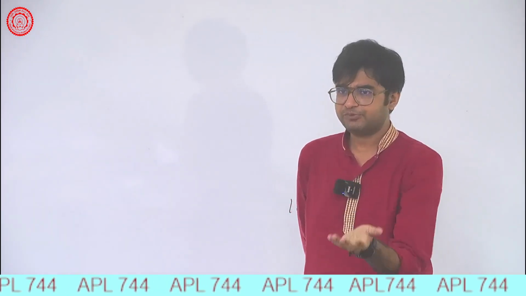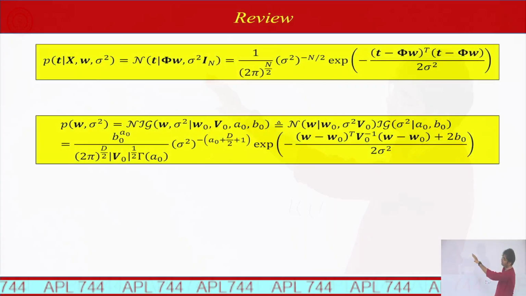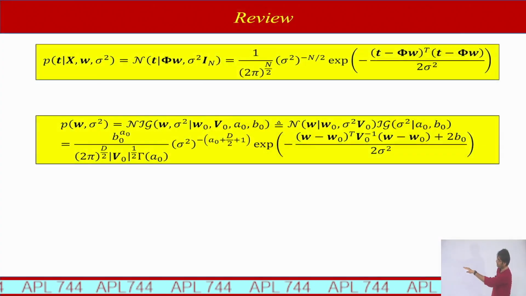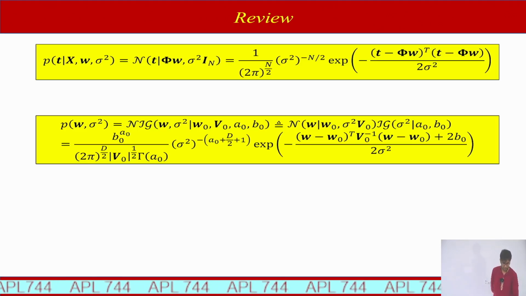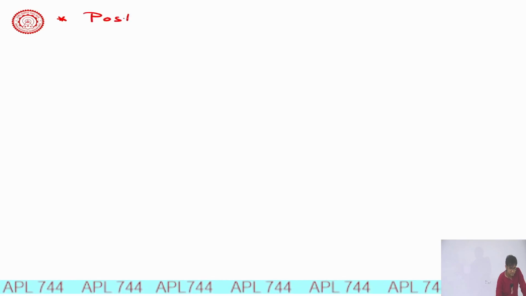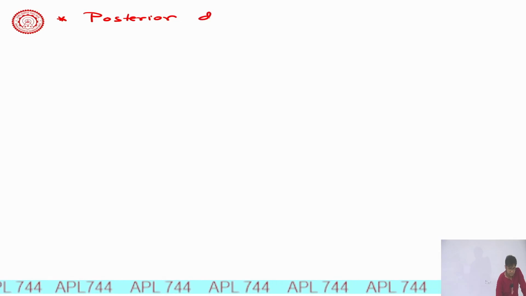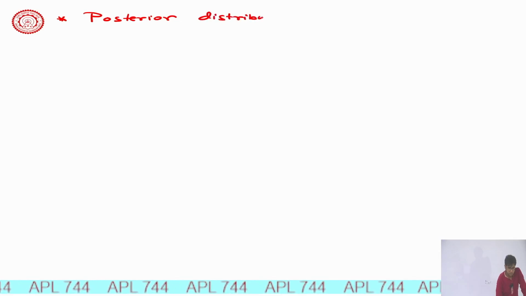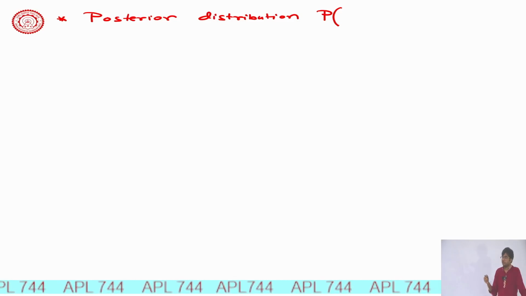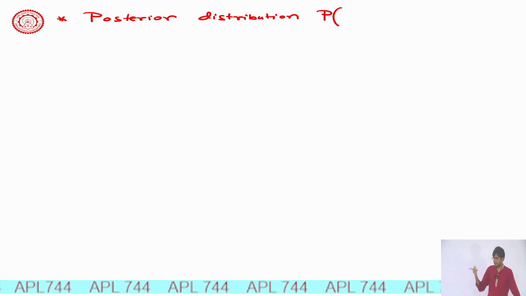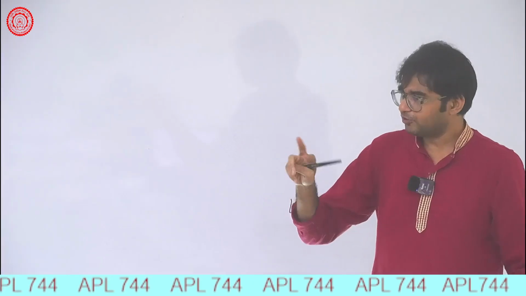Okay, so let us start with computing the posterior, because that is where we left last time. The first expression is the likelihood, the second expression is the prior. We want to compute the posterior distribution, which is the probability of the things that I want to infer, in this case the weights W and sigma square, because both are unknown.